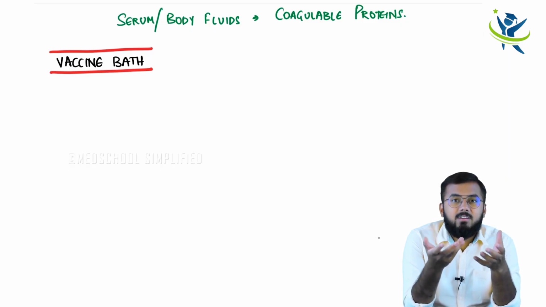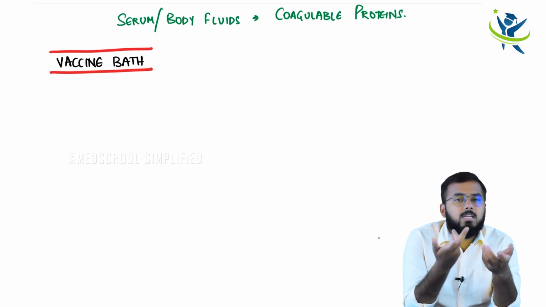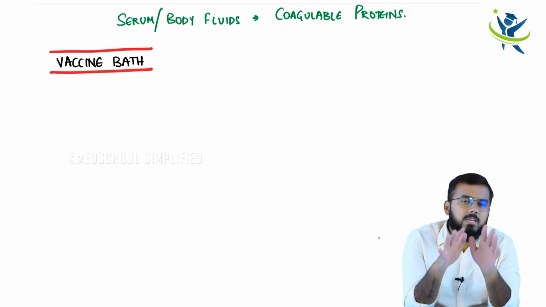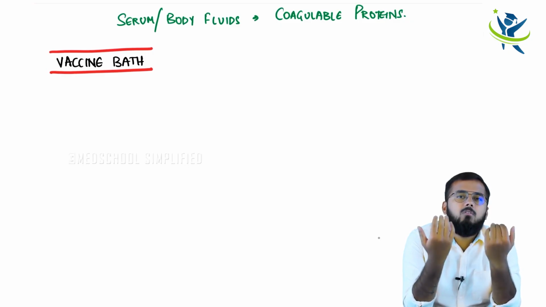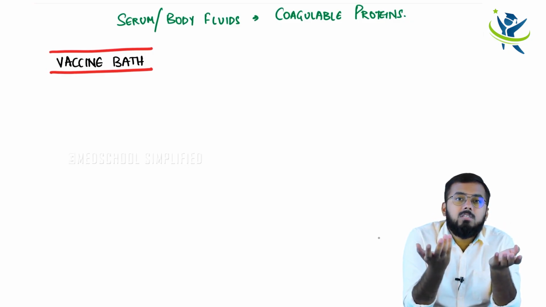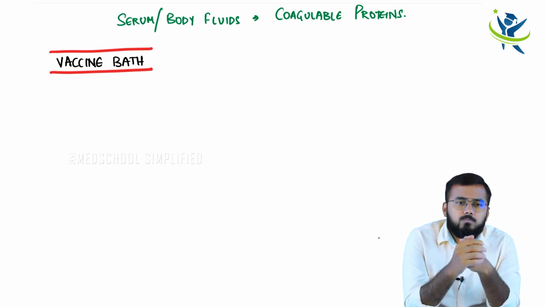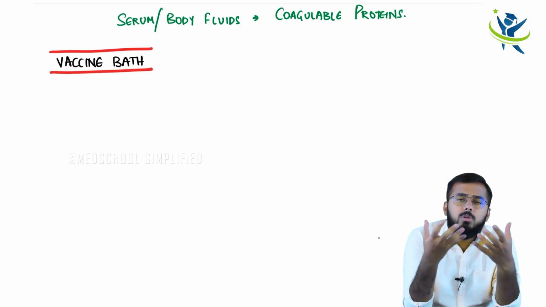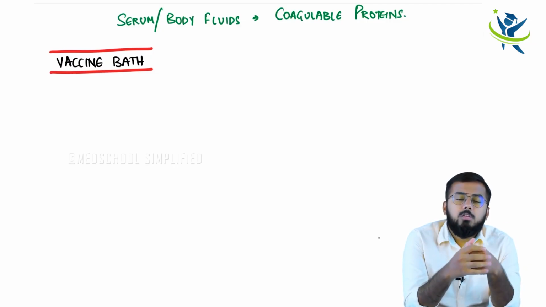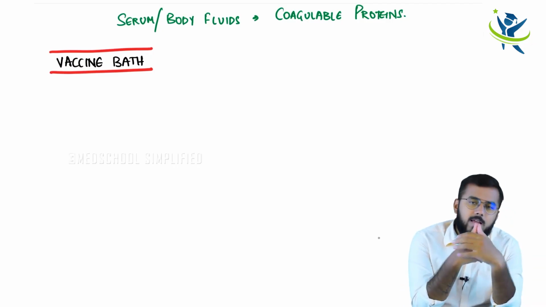But if they are active and you are injecting that polio, that can harm you. So that is the reason why you inactivate it. Inactivation is also called attenuation. That is why you call it live attenuated vaccines and all. You know it, right? So how do you attenuate it? How do you inactivate those polio virus? You inactivate it by using this vaccine bath.